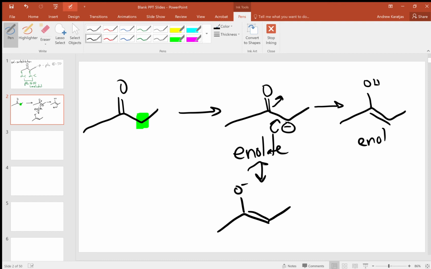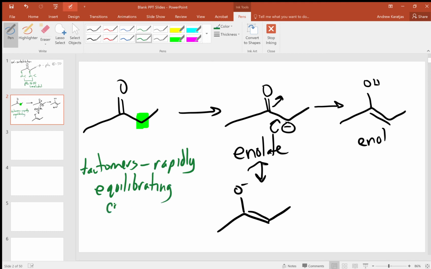The ketone and enol forms are known as tautomers, which means that they are rapidly equilibrating constitutional isomers. And specifically, you can do this under acidic or under basic conditions.